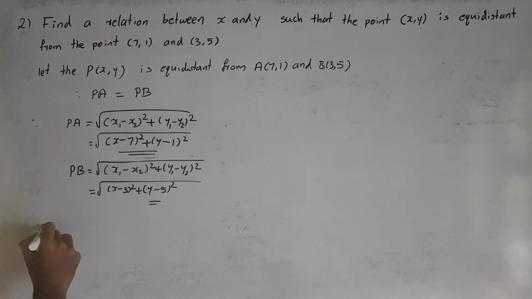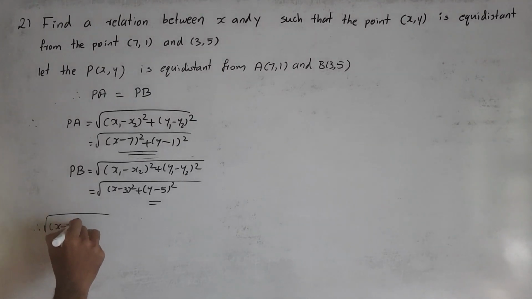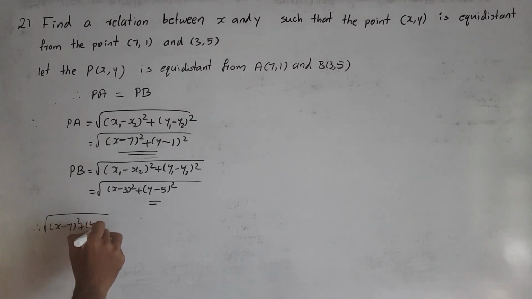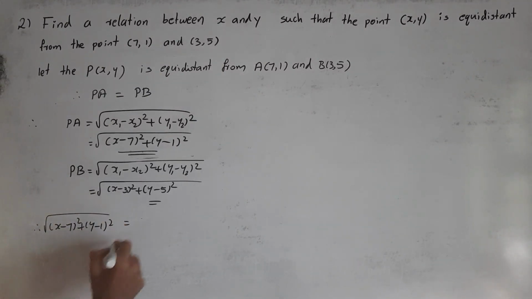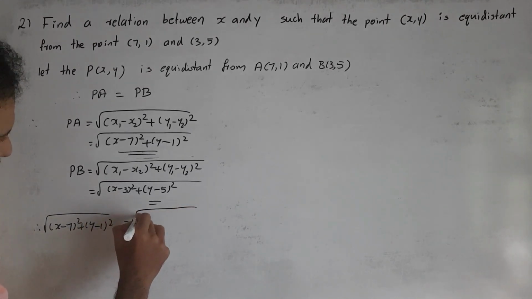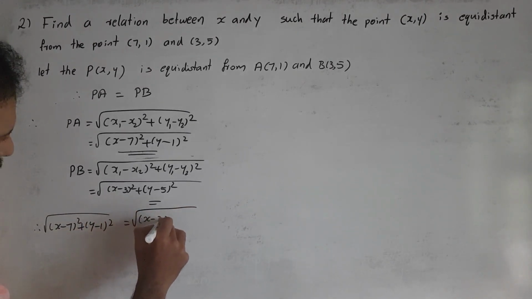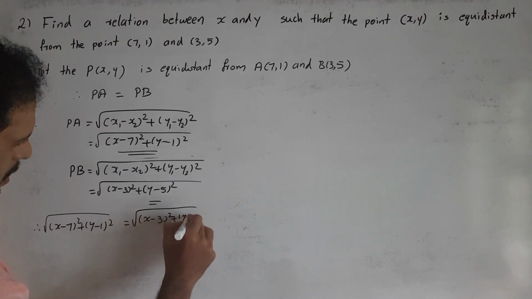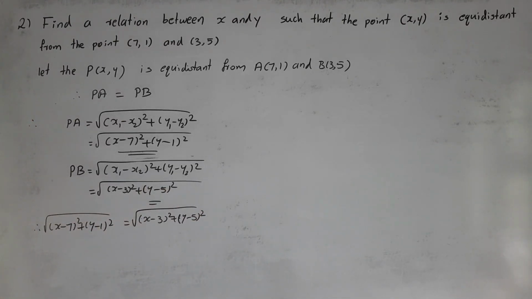Okay, then we know the idea, PA is equal to PB. Therefore root of (x minus 7) whole square plus (y minus 1) whole square is equal to root of (x minus 3) whole square plus (y minus 5) whole square. Okay, so here we know PA is equal to PB.